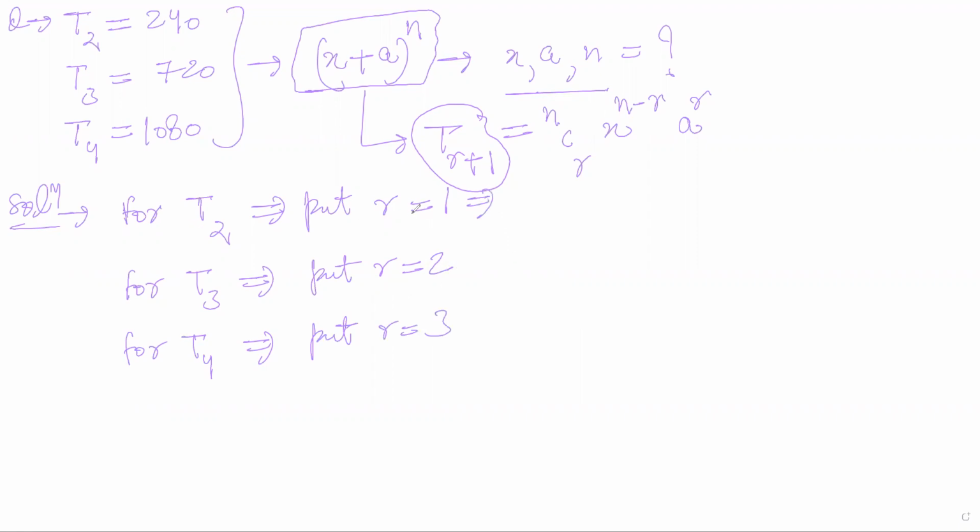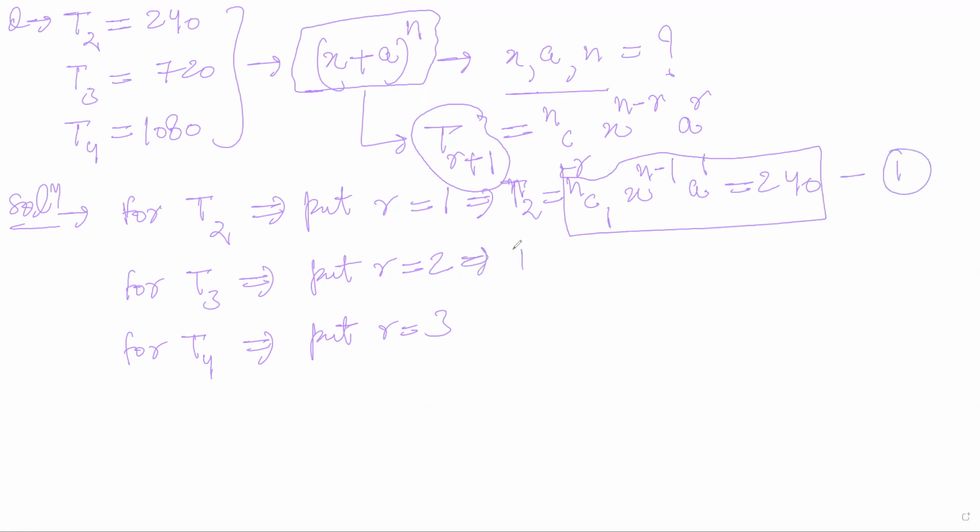So to find out T2, you put r as 1. So the value should be NC1 x to the power n minus 1 a to the power 1. And you know what T2 is. T2 is 240. So this is your first equation. To find out T3, you know T3 is 720.